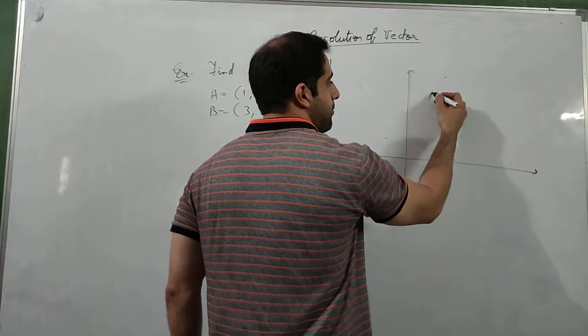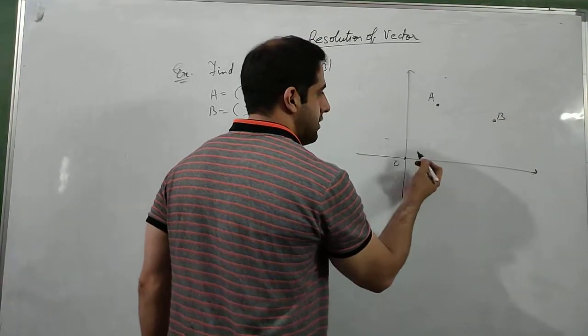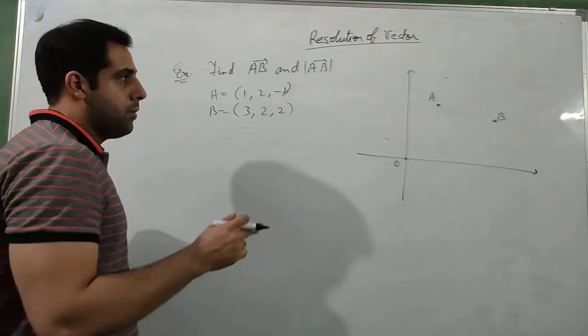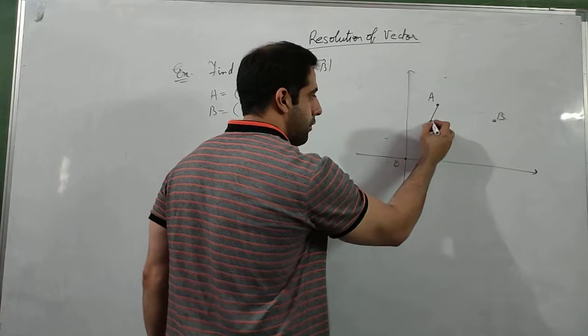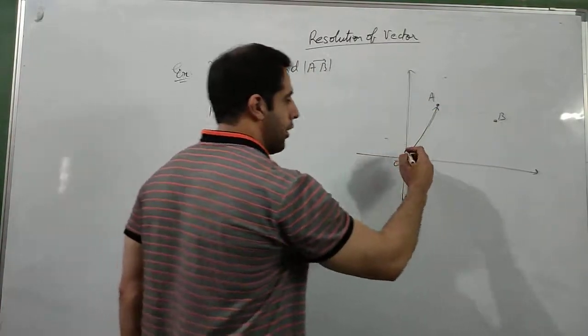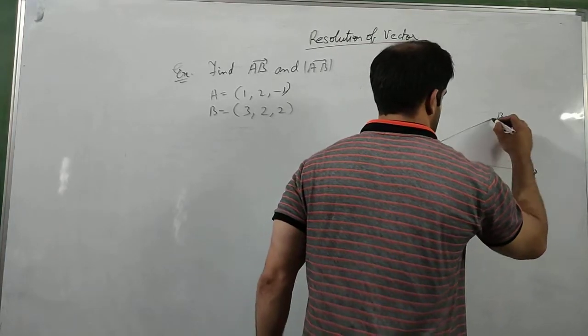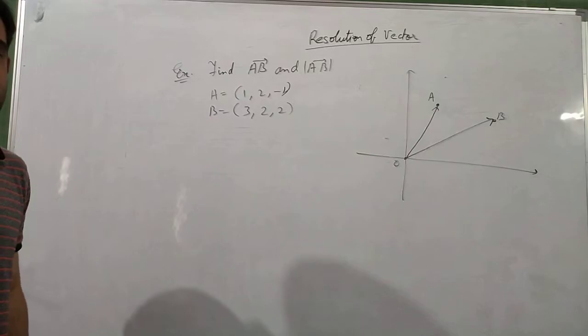Let us say this is point A, this is point B, and this is your origin, the reference point. The position vector of A will be OA, like this, and the position vector of B will be like this.